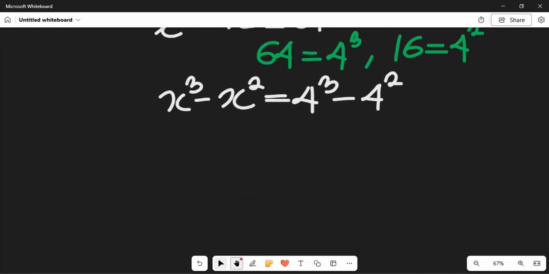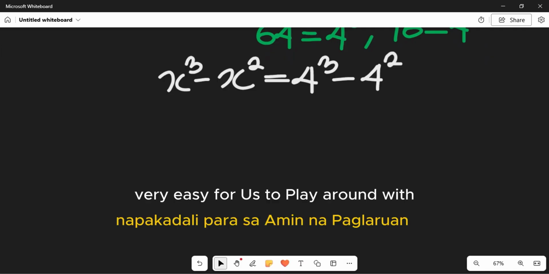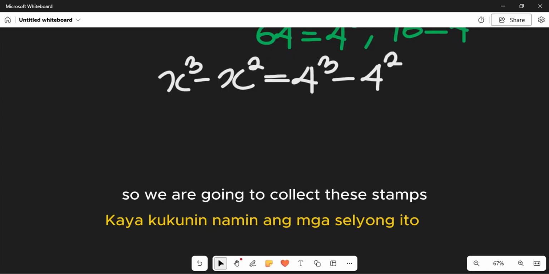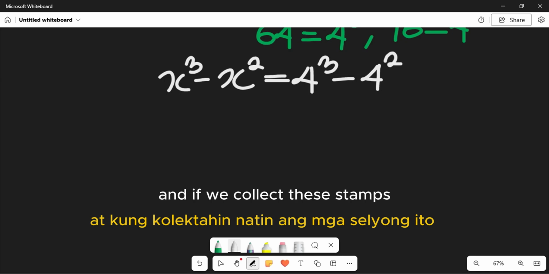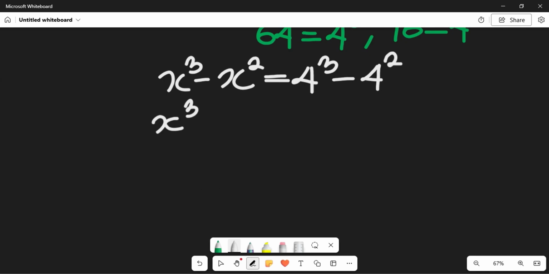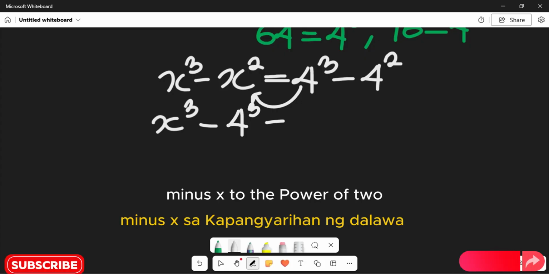Great. Now, this has made the equation very easy for us to play around with. So we are going to collect these terms. If this comes over here, this will become negative 4 to the power of 3, minus x to the power of 2.